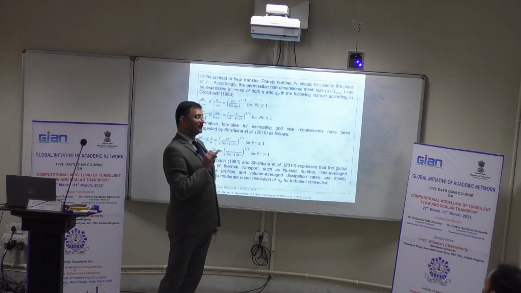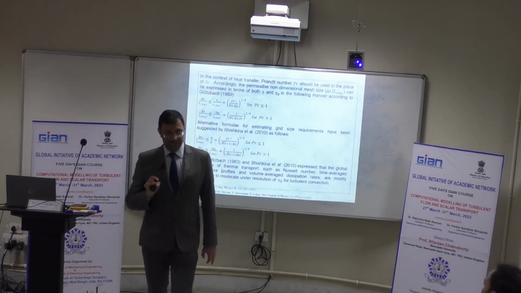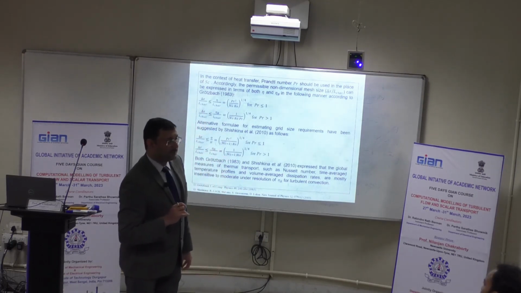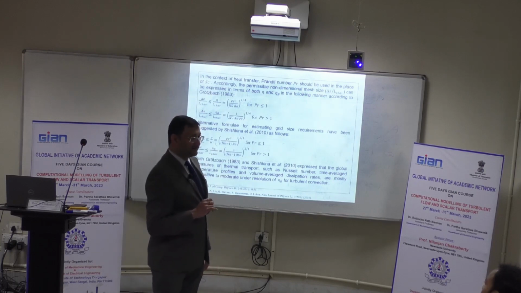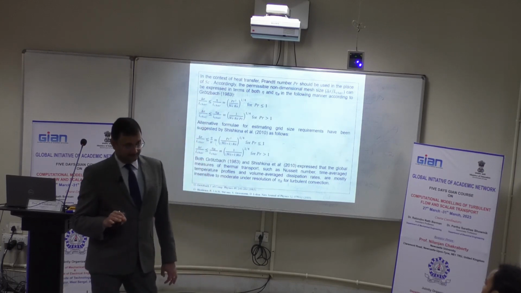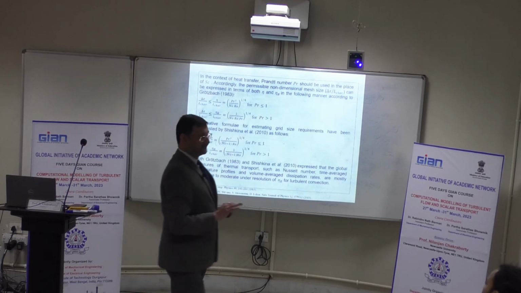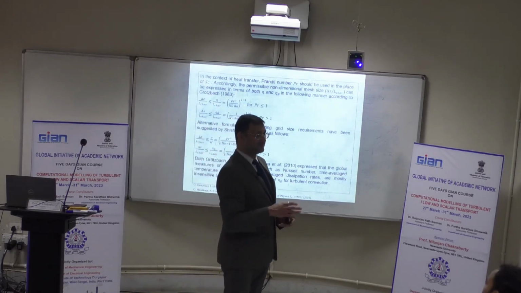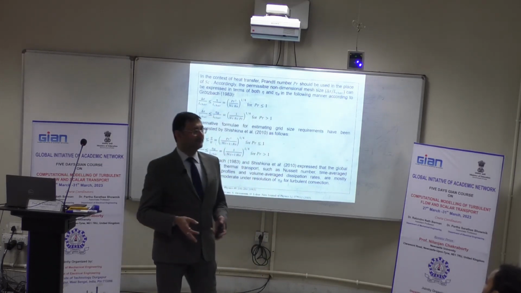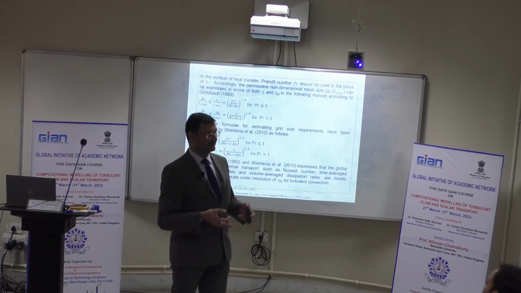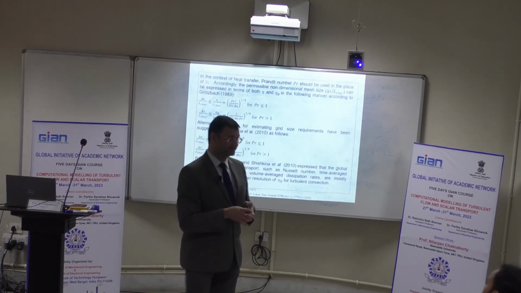The reason I'm talking about Prandtl number now, because people have tried to actually circumvent this thing from the context of heat transfer problems, because in industrial applications, heat transfer in liquids is often encountered.